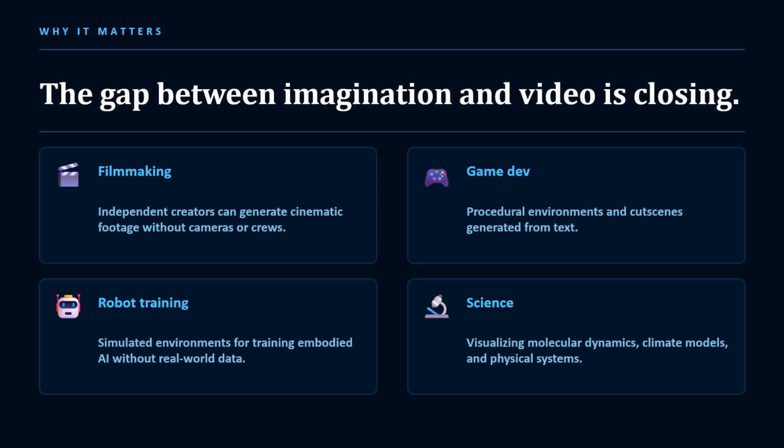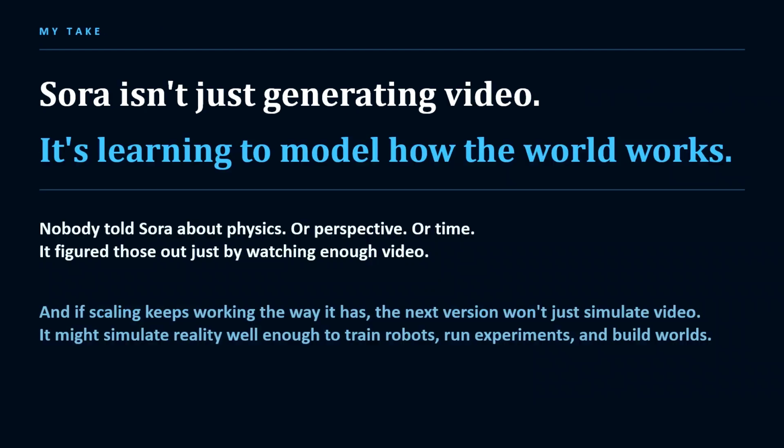The gap between imagination and video is closing. Independent creators can generate cinematic footage without cameras. Game developers can generate environments from text. Robots can train in simulated environments without real-world data. Scientists can visualize systems that were previously impossible to film.